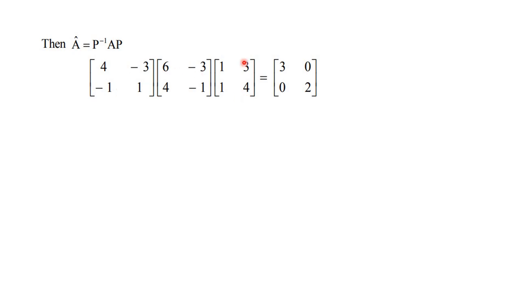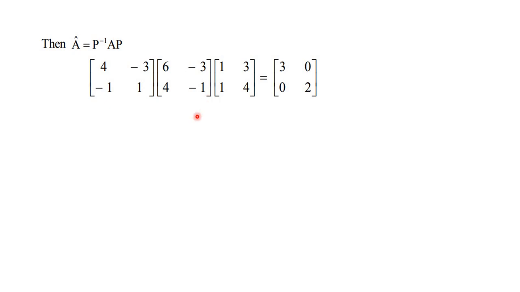If we multiply these three matrices, the result is the matrix 3, 0, 0, 2. So the matrix A cap is 3, 0, 0, 2 and the matrix A is 6, minus 3, 4, minus 1.